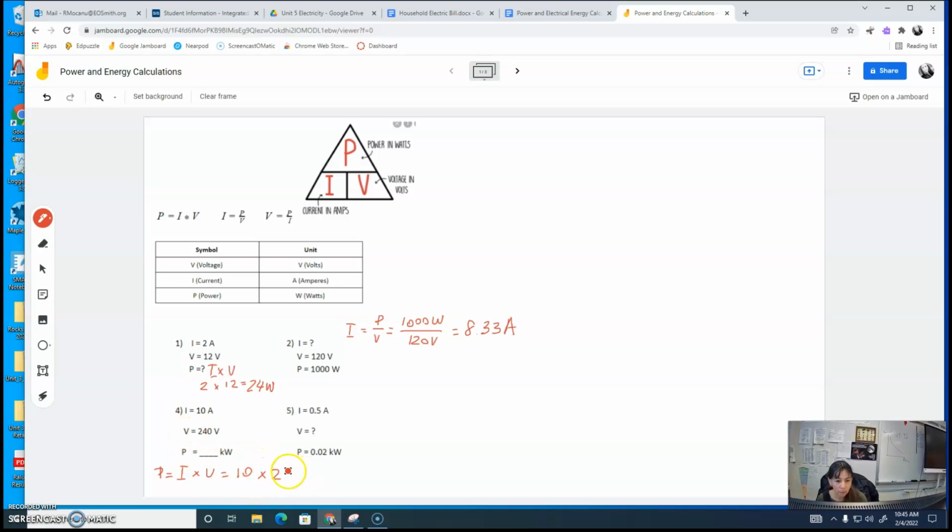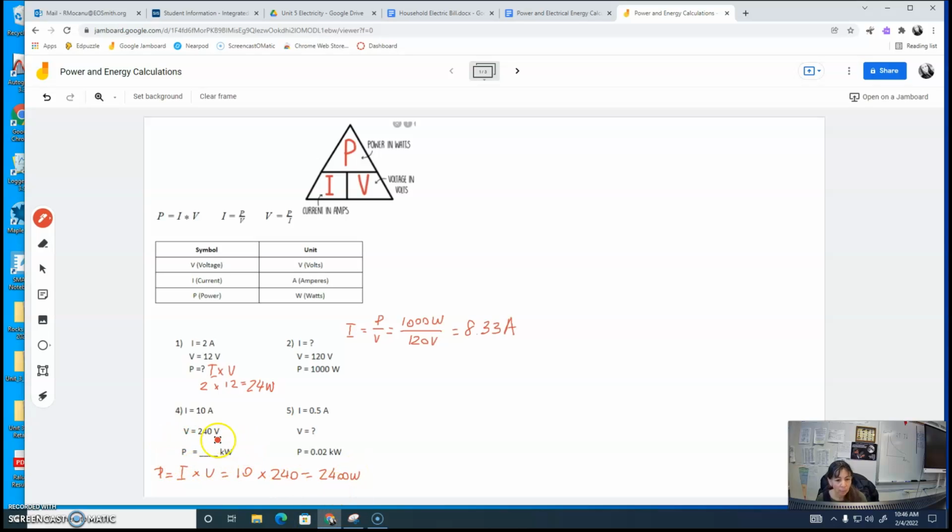Voltage is given to us as 240 volts. So I do that multiplication, and I get 2,400. All right, what is my unit here? Be very careful with the units, okay? For this formula, the unit of power is in watts. So here's my unit in watts for power.